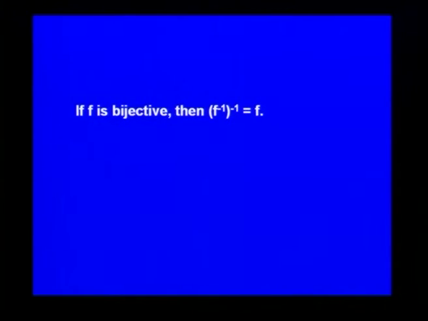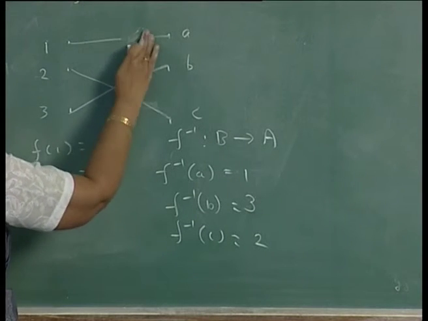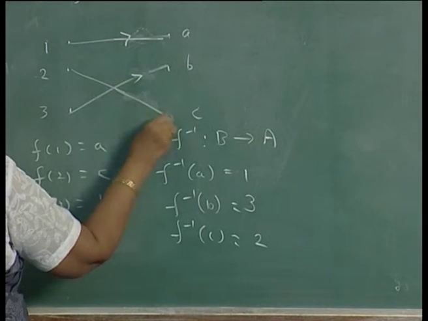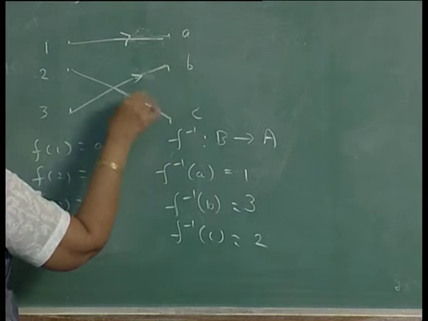If f is bijective, then the inverse of f inverse is f itself. How is that? Look at this example. Originally we had A, this is f, right, this is f.